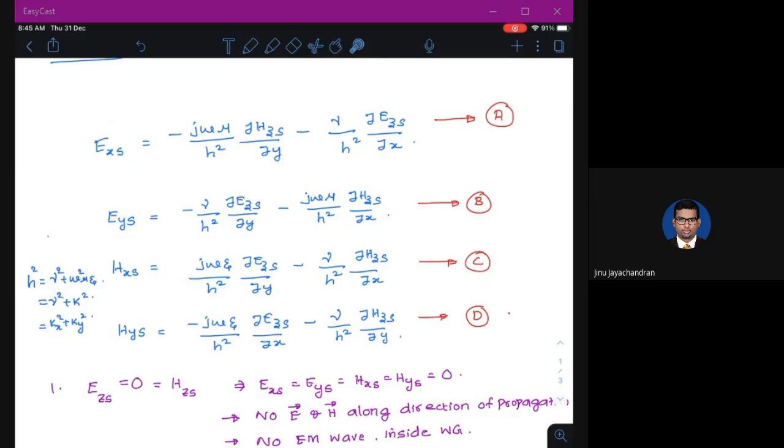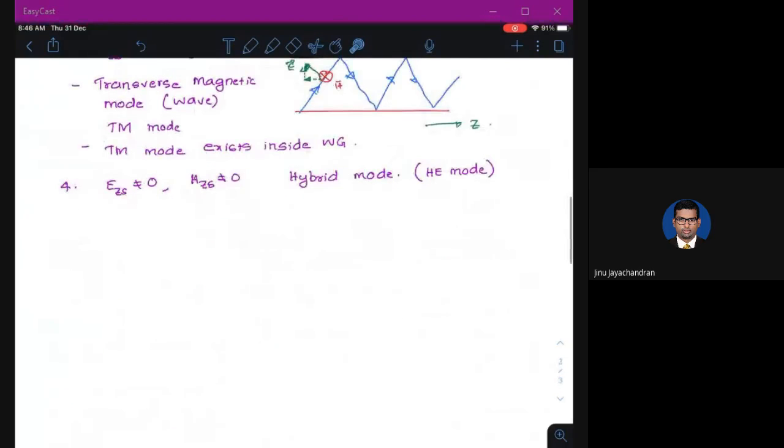So next we are trying to derive the expression for Hzs and Ezs separately for TM and TE modes by applying boundary conditions. That's what we are trying to do in this class. So first we will look at a general expression, and then we will go specifically to TM mode and TE mode.